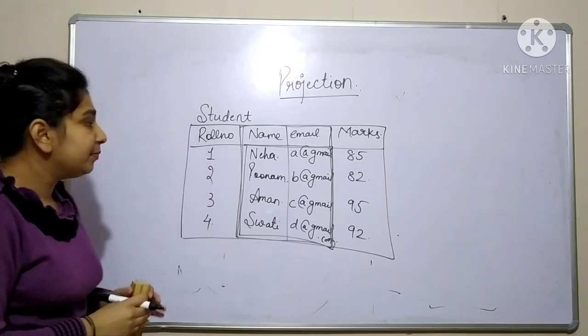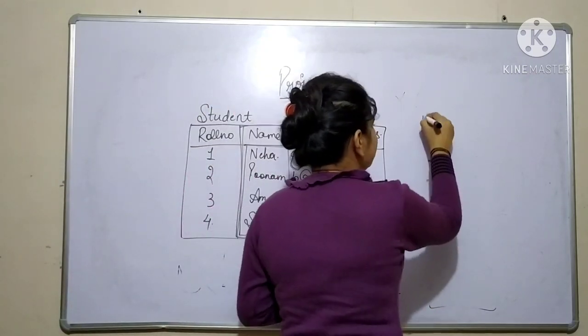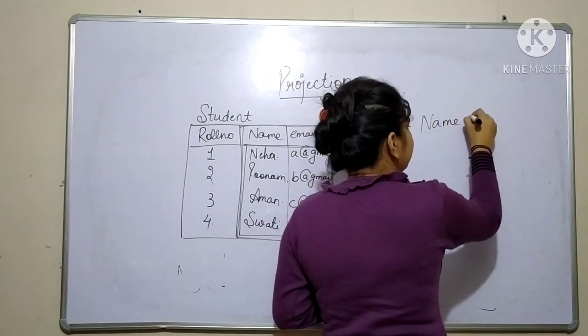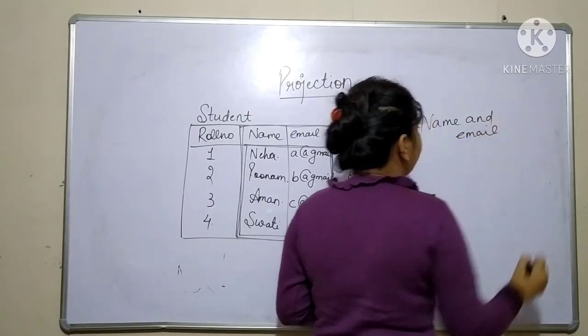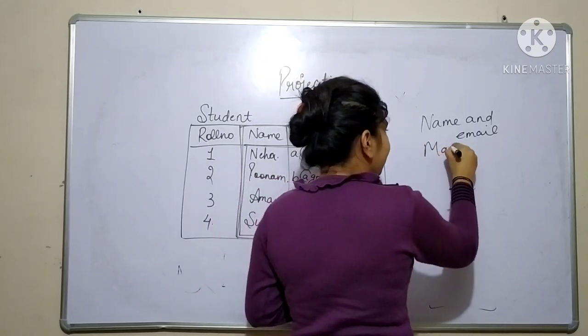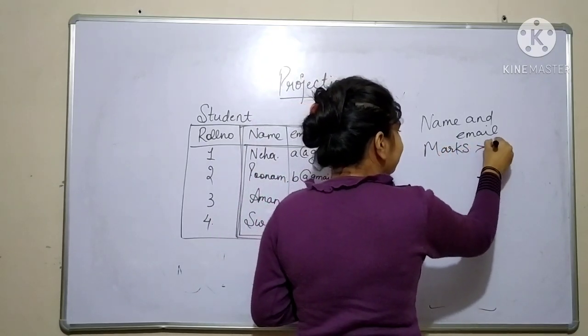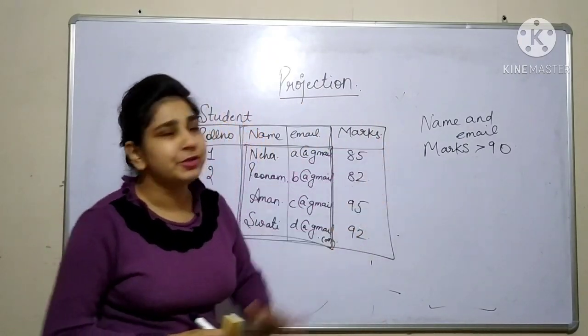Let's suppose my question is, I want to fetch the name and email ID of all the students whose marks are greater than 90. Okay, so this is my question.